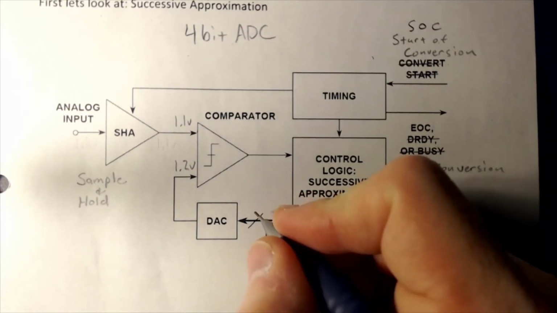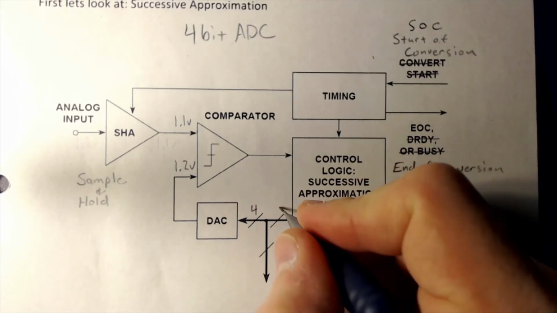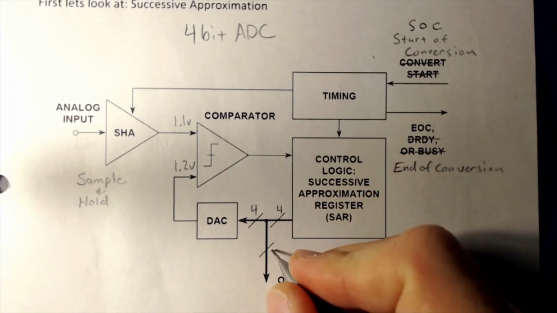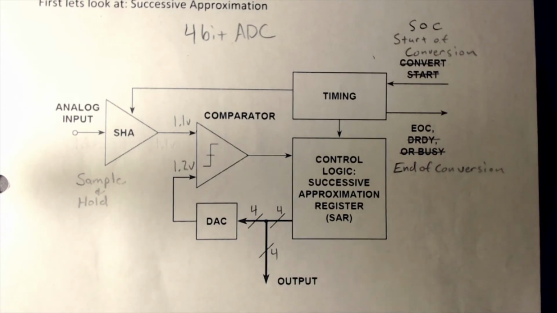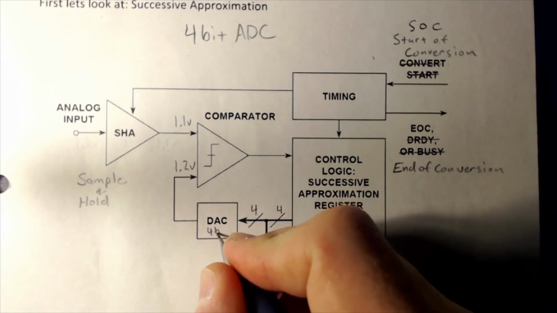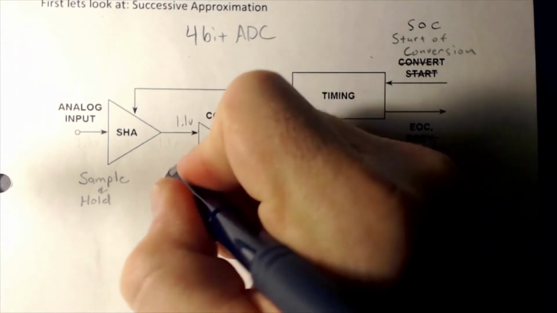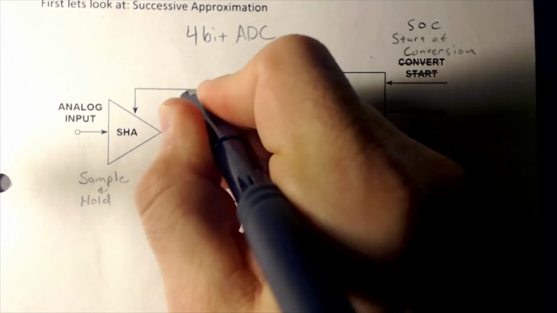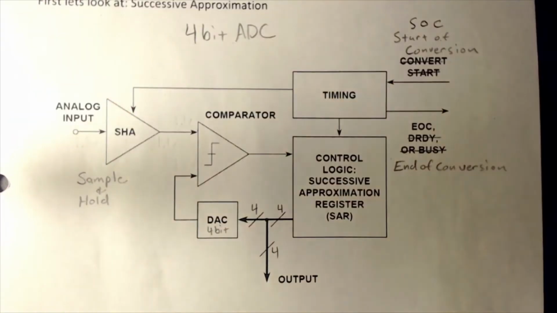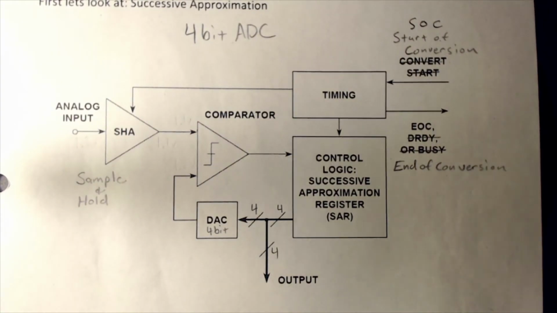Therefore, we are going to need a 4-bit digital to analog converter.